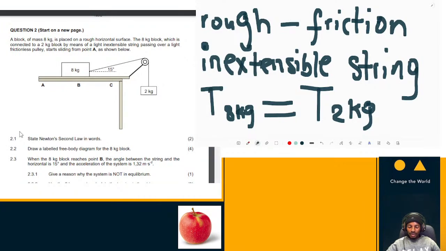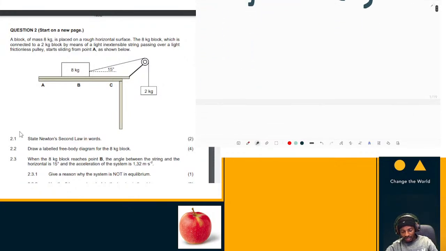Before we attempt to answer any question, let's draw free body diagrams for each body respectively. Let's start with the 2 kg block.